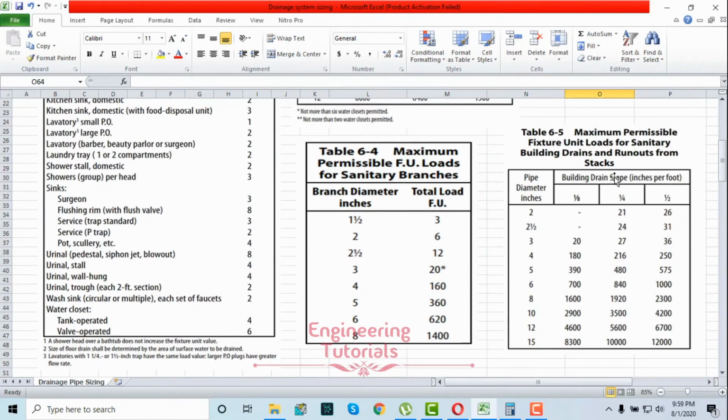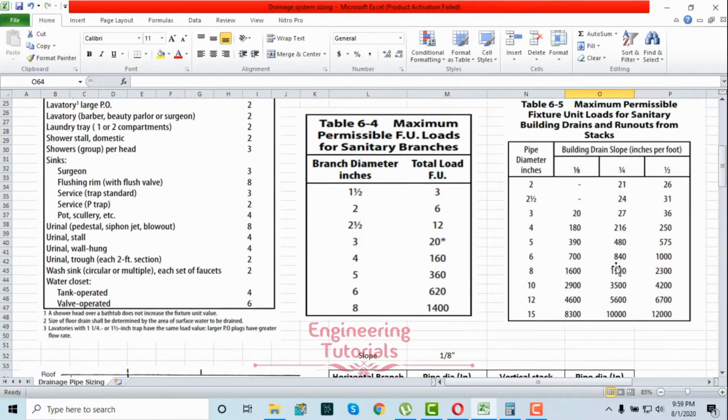As I told you, we have to use table 6-5 to calculate the size of this offset pipe that is going directly to the manhole. The total fixture unit value is 1250 and the slope which we used is 1/8 inch. So 1250 is in between 700 and 1600. So obviously we go for the higher value, 1600. For 1600 you can find the pipe diameter, that is 8 inches. So we can use 8-inch pipe size.